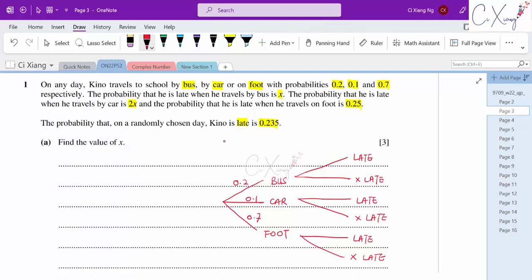For travel by bus, the probability that he is late is x, so I will write x here. For not late, the probability should be the complement of x, so it should be 1 minus x.